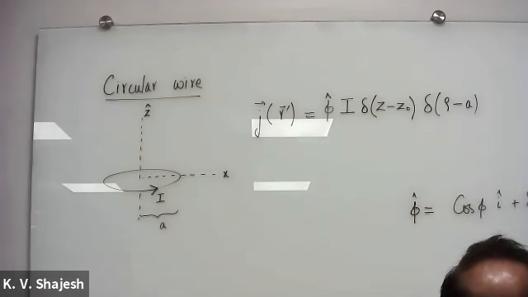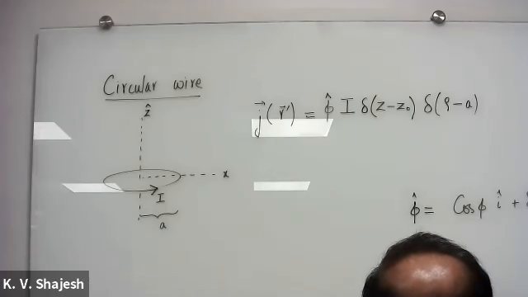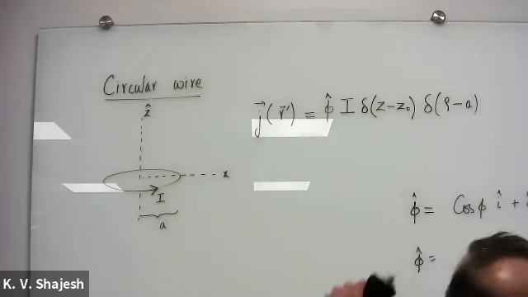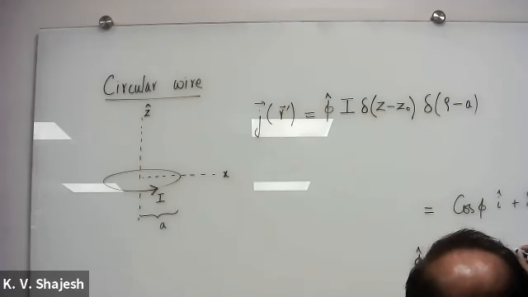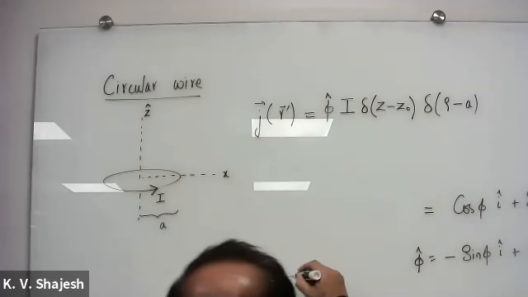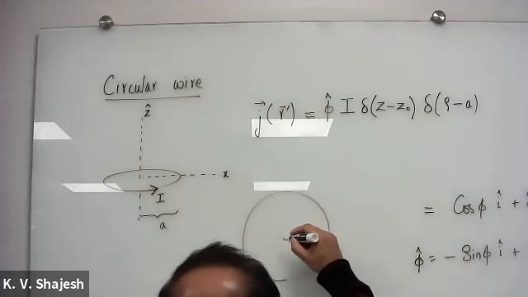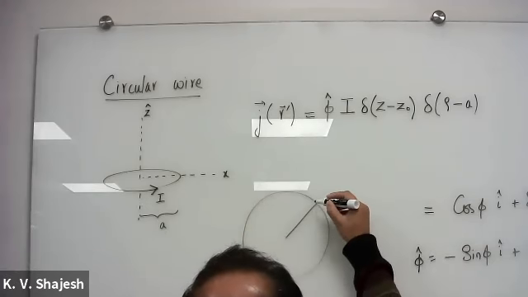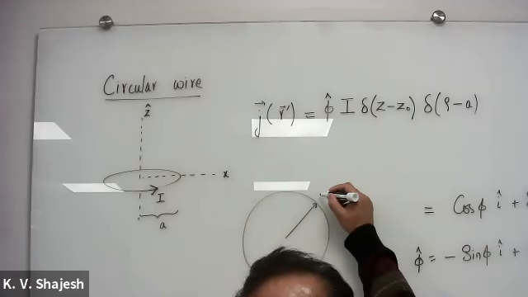Oops, what is wrong here? What is that equal to? Notice that if you have a circle in your polar coordinates, that's your unit vector, or the radius vector if you want.